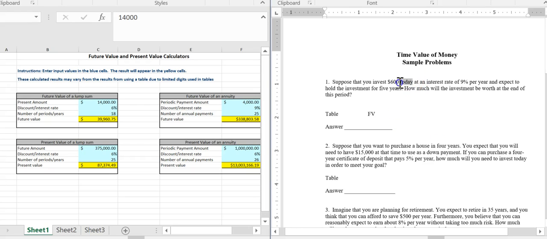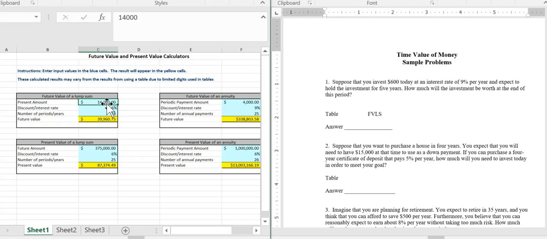So here is the money. The money says $600. It does not say it's an annuity payment. It just says it's a one-time $600 today. So it's future value of a lump sum. And then you would go over here to the table to future value of a lump sum and really just start keying in your variables.